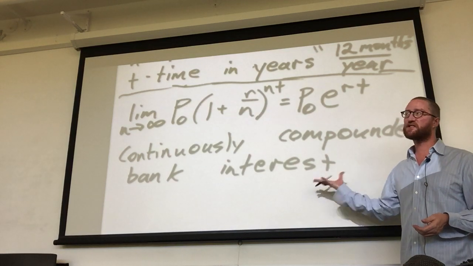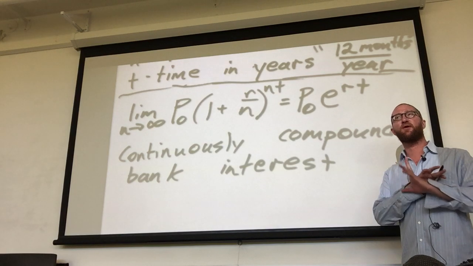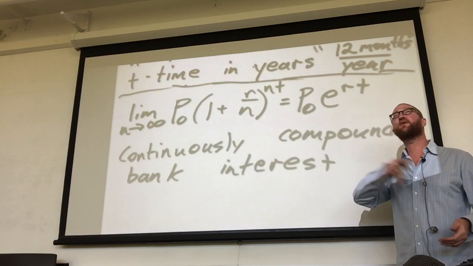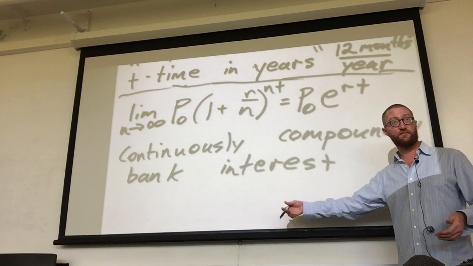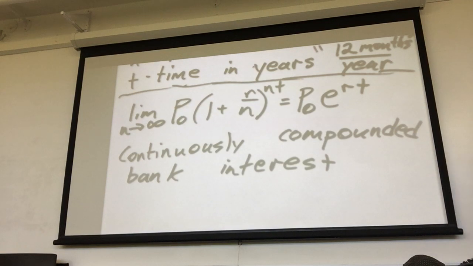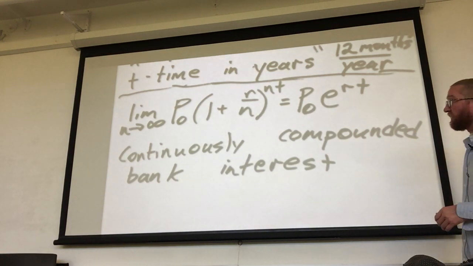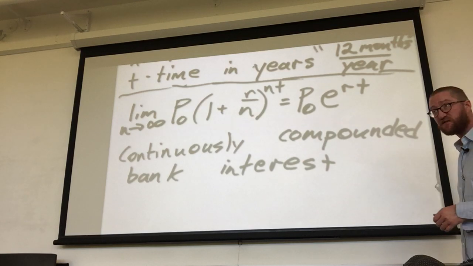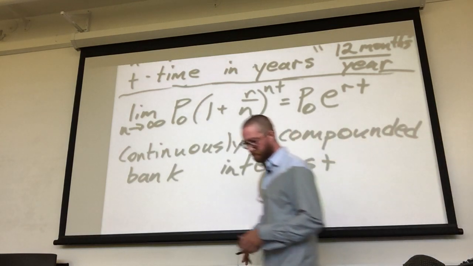This continuously compounding bank interest, it's going on constantly. Okay? It's not going over discrete intervals. Okay? So this is an example of, you take something that is a sequence, and then if you take the limit as n tends towards infinity, it becomes continuous. All right? That'll make it easy.